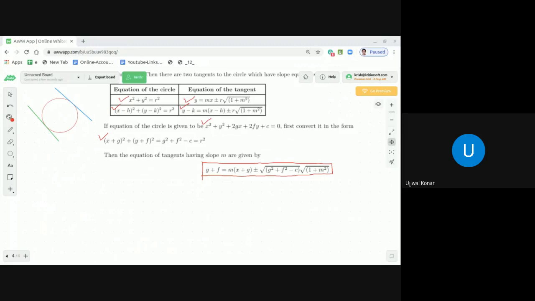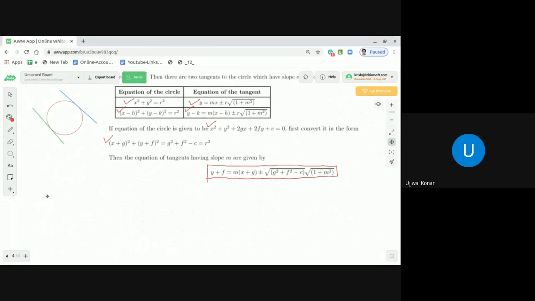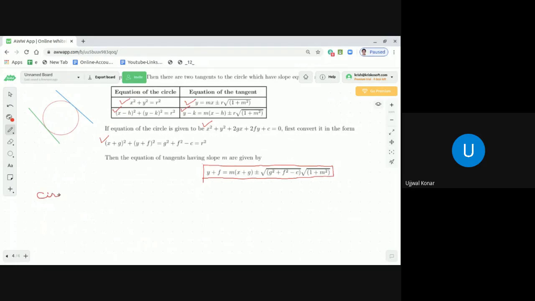In simple terms, suppose the equation of a circle is given as x square plus y square equal to r square, and the equation of a line is y equal to mx plus c.